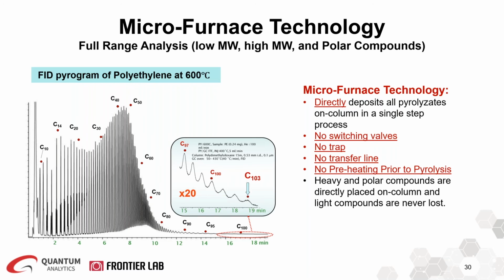So a full range analysis for detecting low and high molecular weights, as well as polar compounds, can be performed. Shown here with microfurnace design using FID as the detector, up to C100 can be detected. This is because with this technology, the polar and heavy pyrolysates are directly and continuously transferred on the GC column as they are formed.